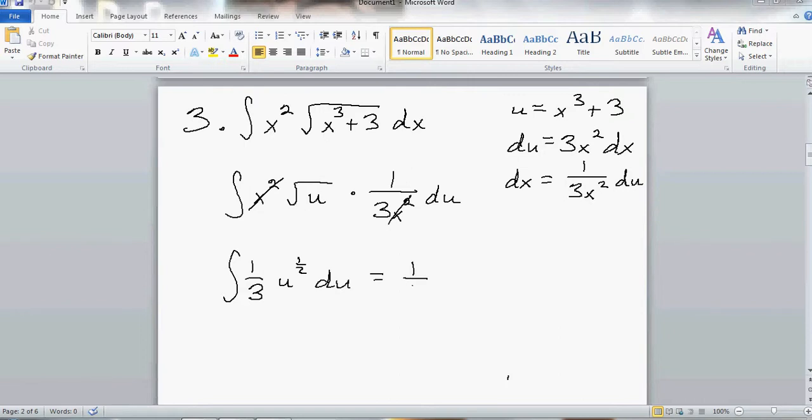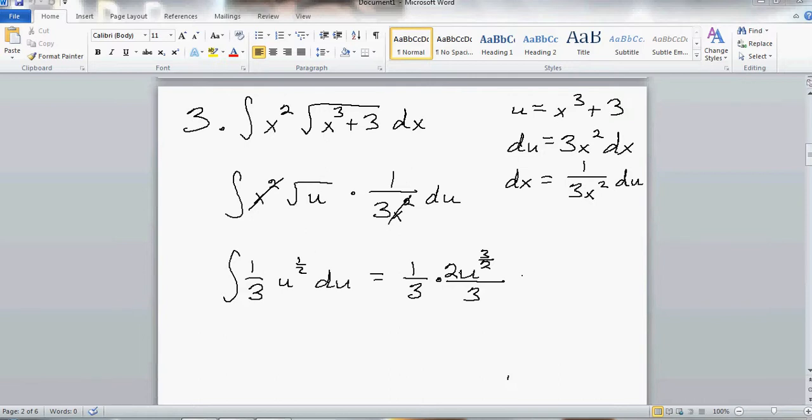It's going to become 1/3, and then this becomes u to the 3/2, and it'll be times 2/3 because we divide by the new exponent.